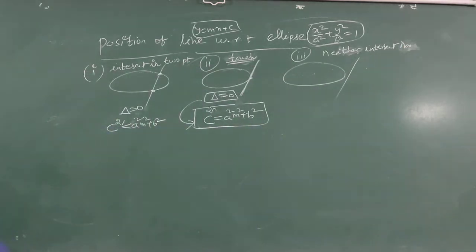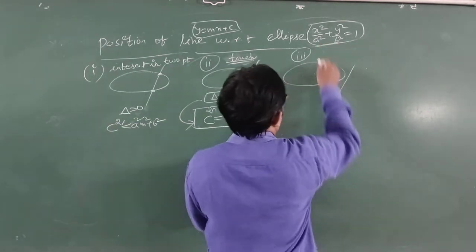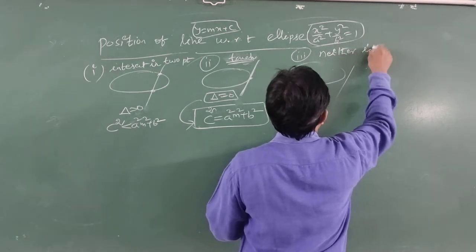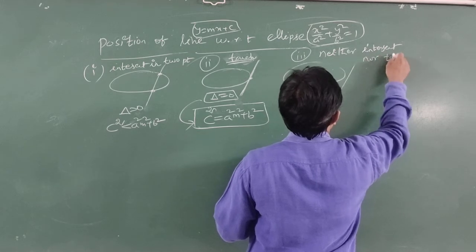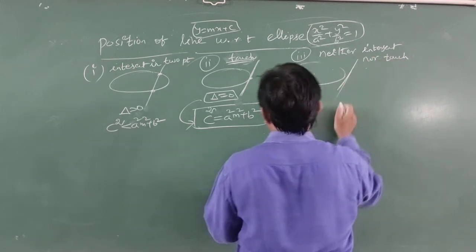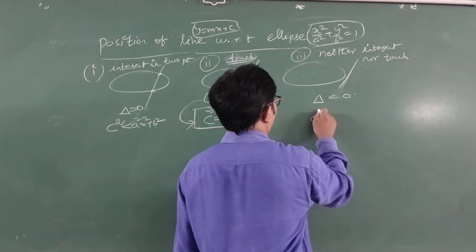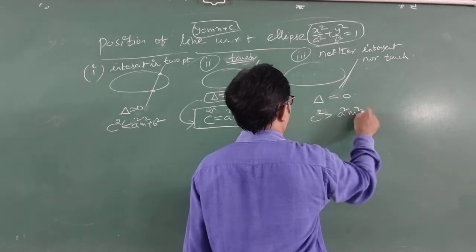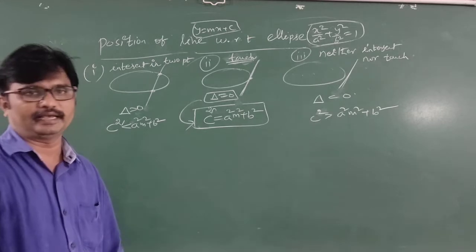The discriminant is undoubtedly less than 0, where c² must be greater than a²m² + b². These are the three cases of the position of the line.